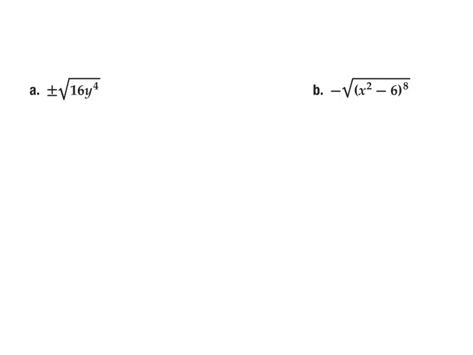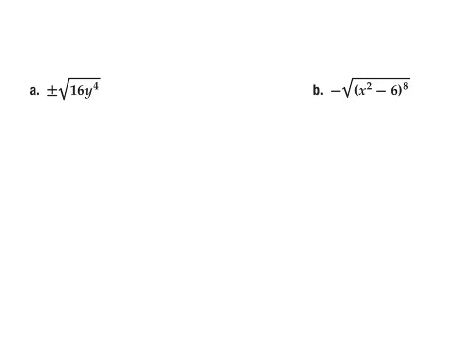But there's a couple things that we need to discuss so that we're all on the same page. The goal here is to think about how could I rewrite this as something squared so that the radical and that squared, the power of 2, cancel each other out. And then I can basically just get rid of the radical.